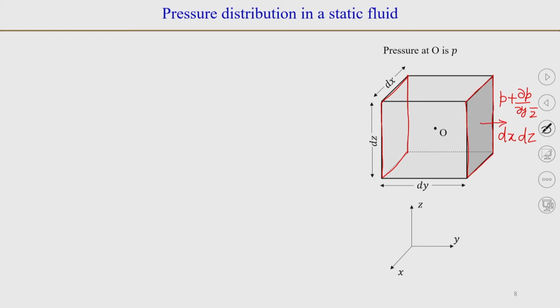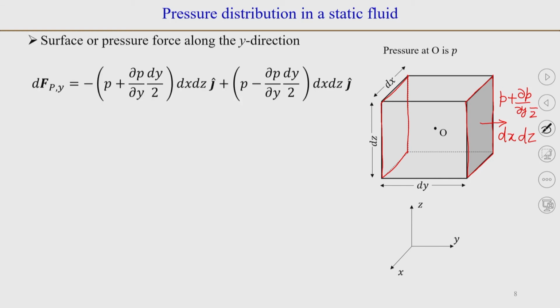When the area vector is the outward normal, the force on this will be the pressure multiplied by area, and the direction of force will be negative.